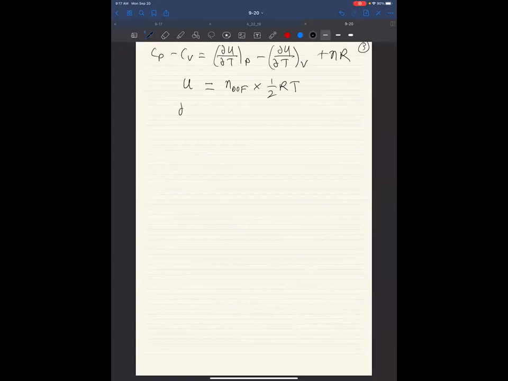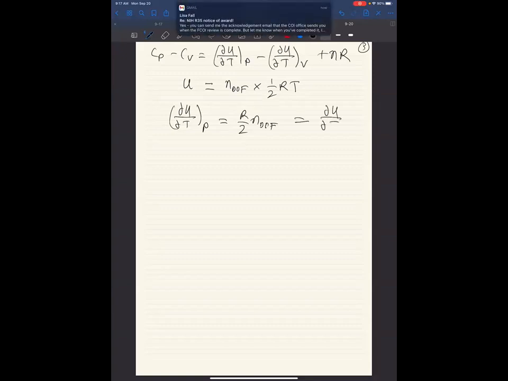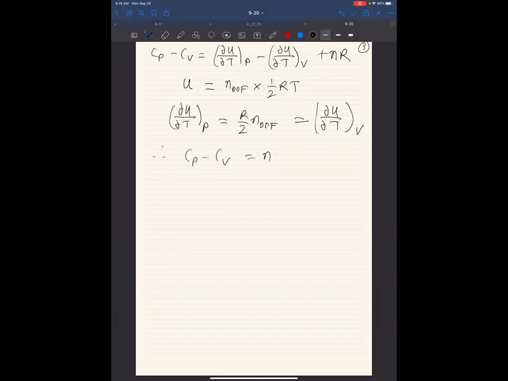So, for an ideal gas, partial U by partial T at constant P is equal to R by 2 times the number of degrees of freedom, and that is the same as partial U by partial T at constant V. This is true only for an ideal gas. For a real gas, those two things won't be the same. Therefore, Cp minus Cv is equal to nR.